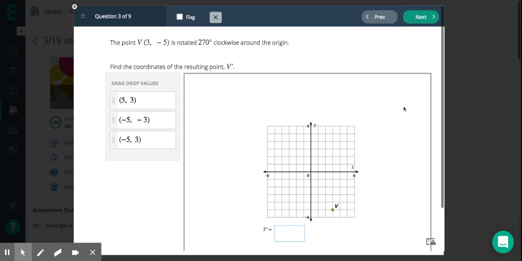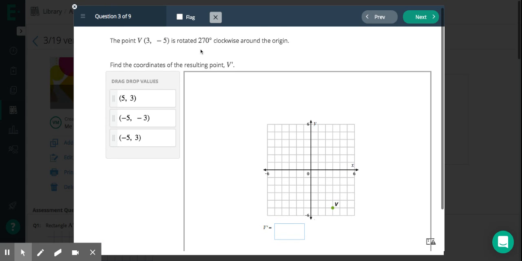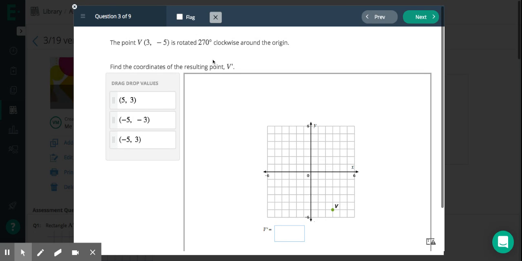All right, let's take a look at this one. I had a lot of you get this one confused, and I think I know why. It's 270 degrees. The examples we went over in our notes were only 90 and 180. I didn't actually show you a 270, although it is in your notes. The rule for 270 degrees clockwise is that the X and Y coordinates are flipped and the Y becomes the inverse.